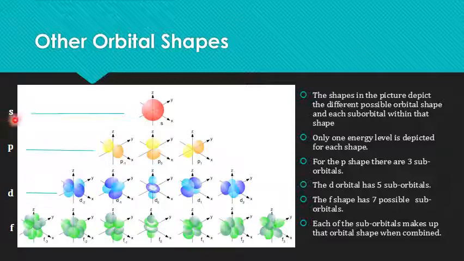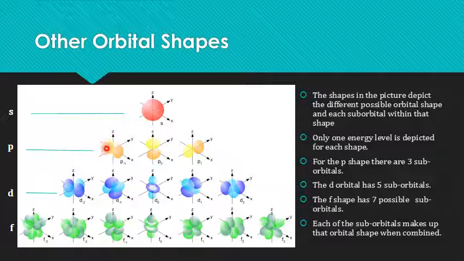Within those orbitals, we can have suborbitals. The s orbital doesn't have any. It only has one suborbital. There's one. That's it. The p shape has 3 different suborbitals that, when they're combined, make that entire p orbital. I kind of think of this p orbital as a peanut shape almost.